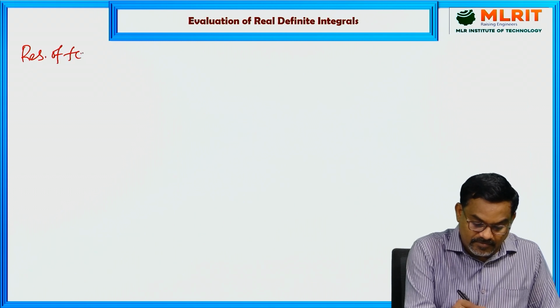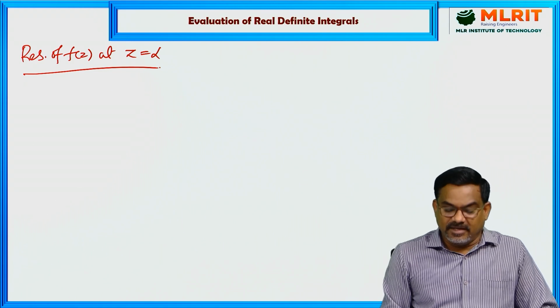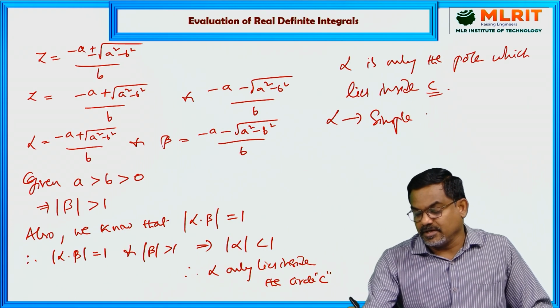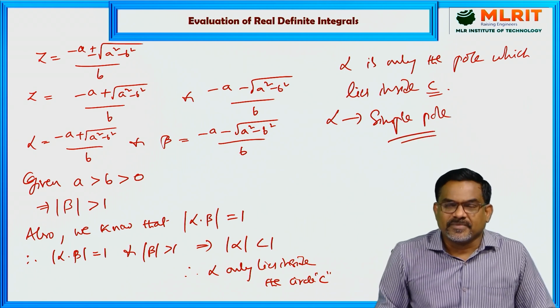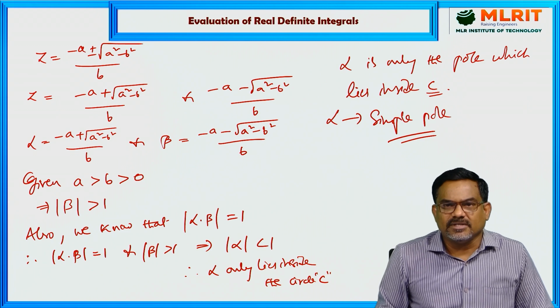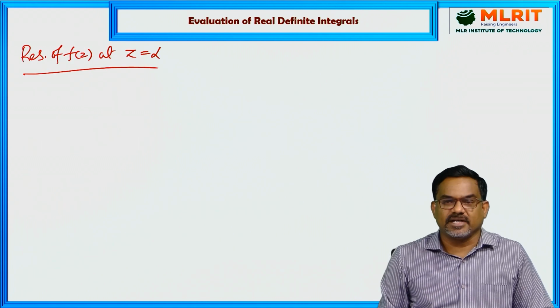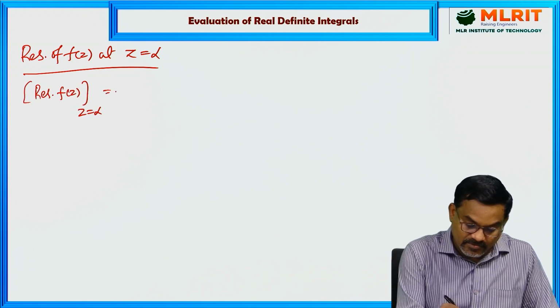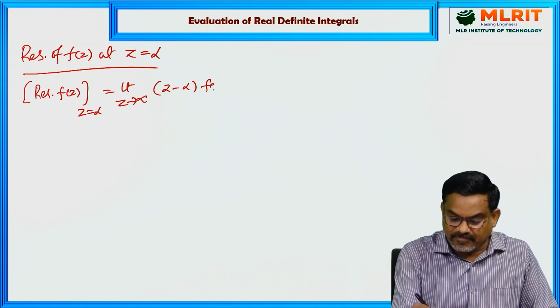So we need to find the residue of f at z equal to alpha. And here alpha is a simple pole which is repeated one time only, so which is not repeated. So alpha is a pole of order 1. So it is a simple pole. Now we need to find the residue of f at z equal to alpha. What is the formula? Residue of f at z equal to alpha is equal to limit z tends to alpha, z minus alpha into f of z.